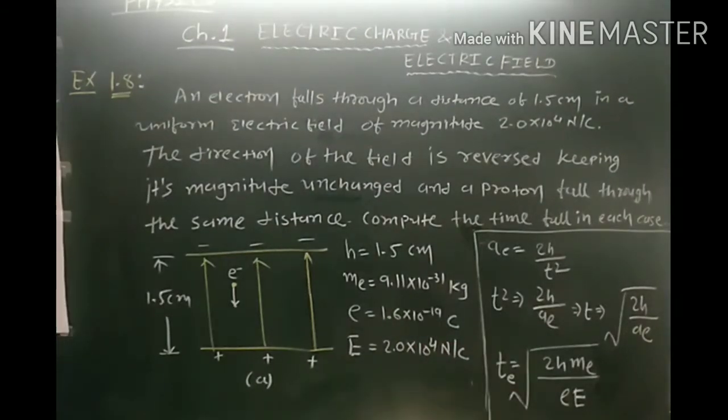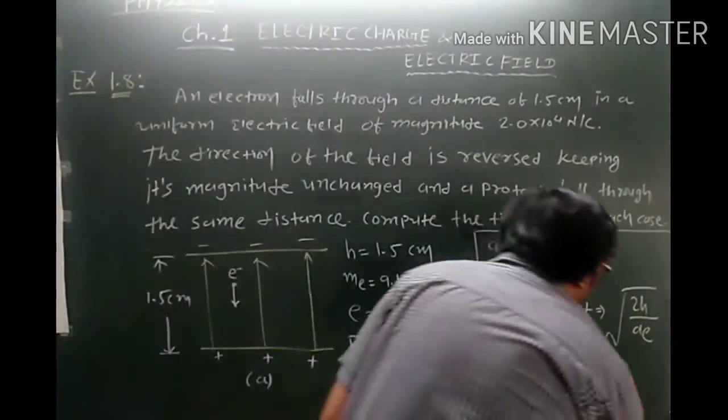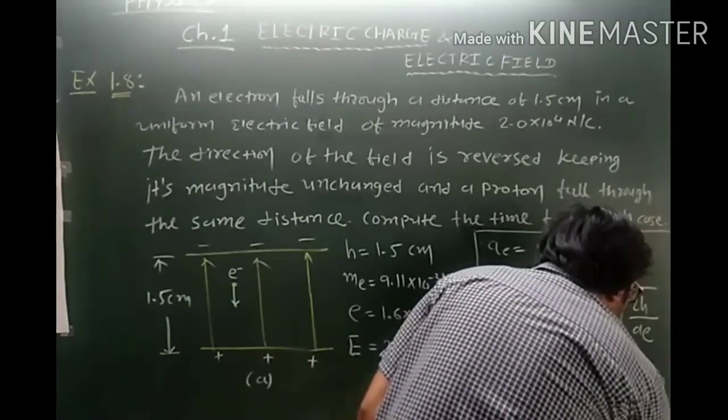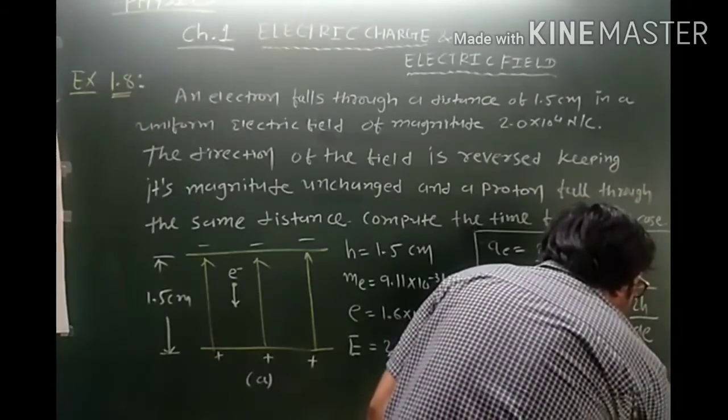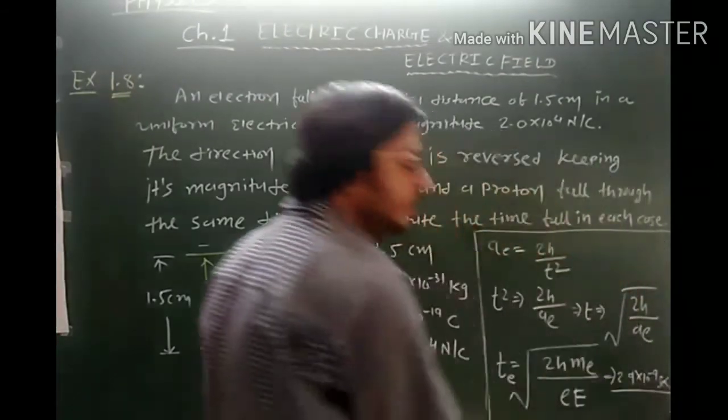Now we put all these values in this equation, and we get the time required by the electron to fall through a distance h: t_e is equal to 2.9 into 10 to the power minus 9 second. Please write down.